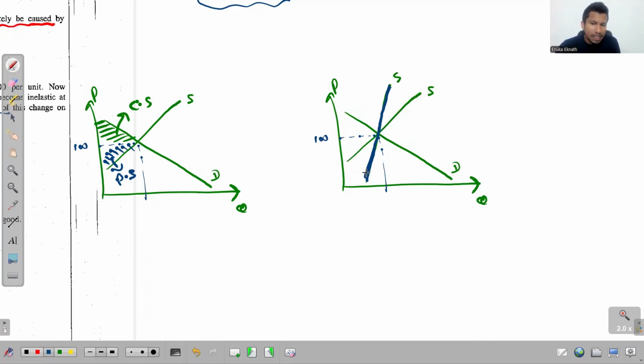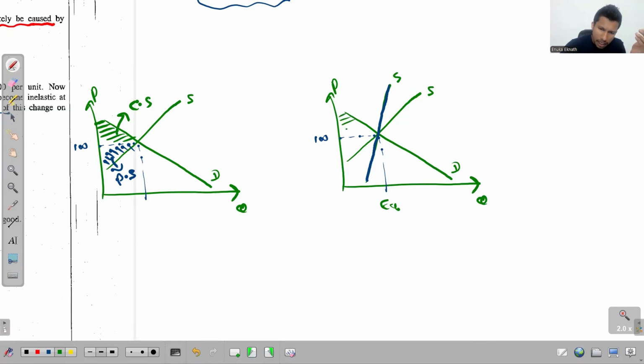The new one is inelastic, and when that happens, I'm asking you all this question: tell me what happened to the consumer surplus. What is the consumer surplus? That is the region above the market price, below the demand curve, up to the equilibrium quantity. Previously we shaded that in green color.